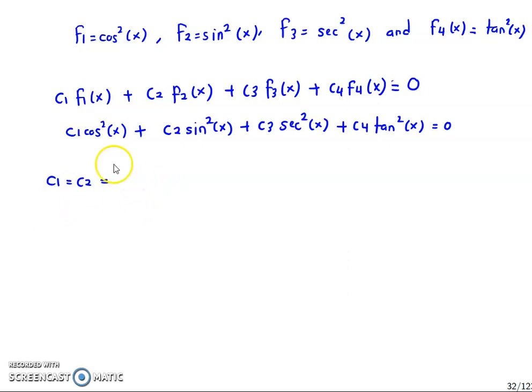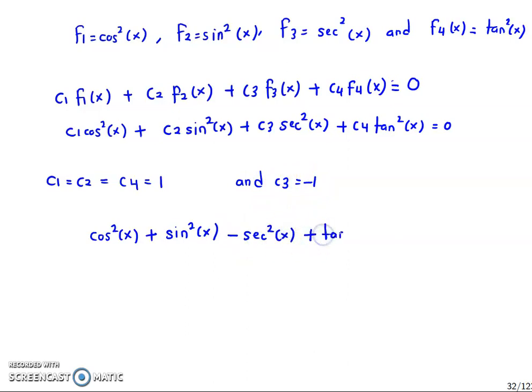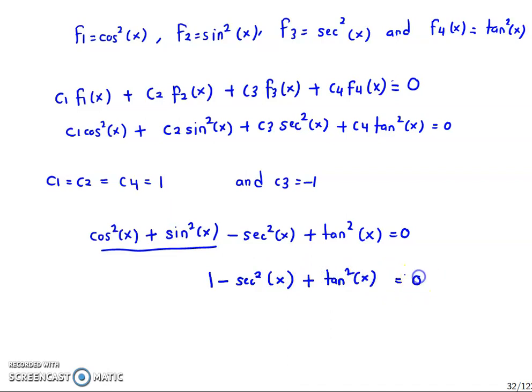We can write this as c1 equals 1, so we have cos squared x plus sine squared x. c2 equals 1, c3 equals minus 1 times secant squared x, and c4 equals 1 times tangent squared x, which gives 1 minus secant squared x plus tangent squared x equals 0.